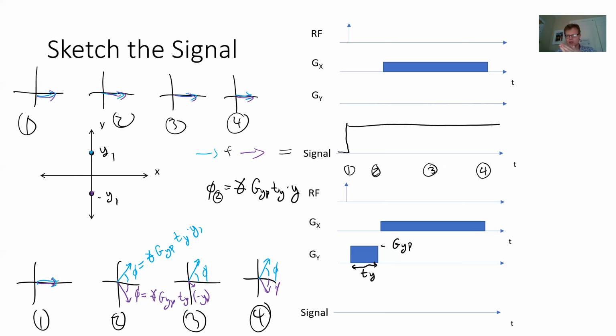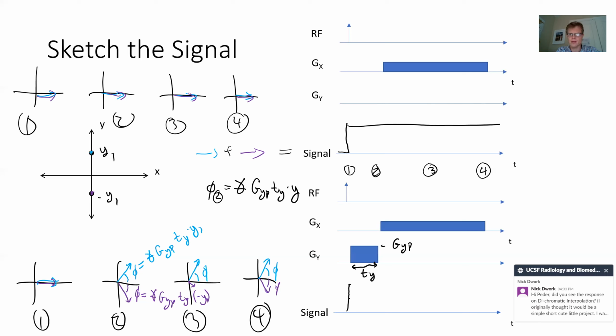So our gradient has turned on. It's created some frequency change for some short amount of time. Then it's turned off, and it's created this phase angle for these locations.